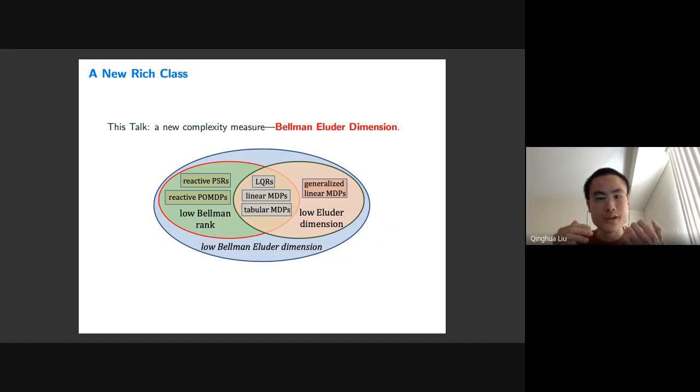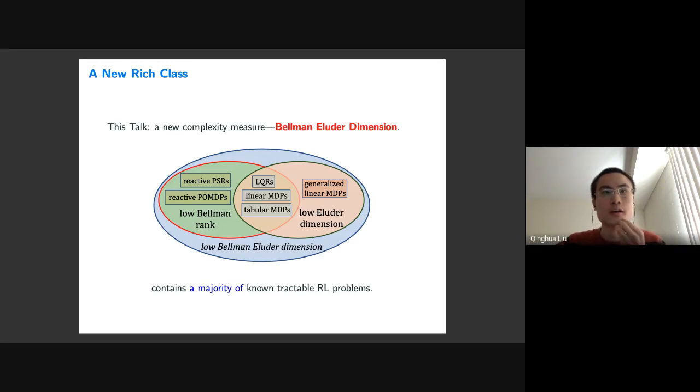And we will prove later the problems of low Bellman Eluder Dimension contain both problems of low Bellman rank and also problems of low Eluder Dimension. So basically, we can see this new class contains almost all the existing tractable reinforcement learning problems.